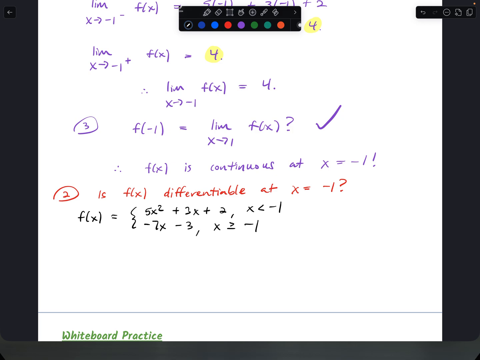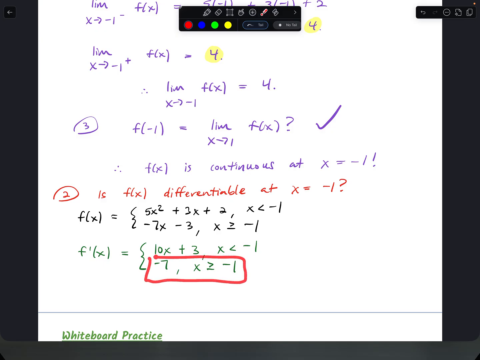What I need to do is take the derivative of the top and the derivative of the bottom and then plug in -1 into both. So f prime of x is equal to, the derivative of the top is going to be 10x plus 3, and we're going to keep the same condition. The derivative of the bottom is just going to be -7. There's nothing to plug -1 into because it's just -7.